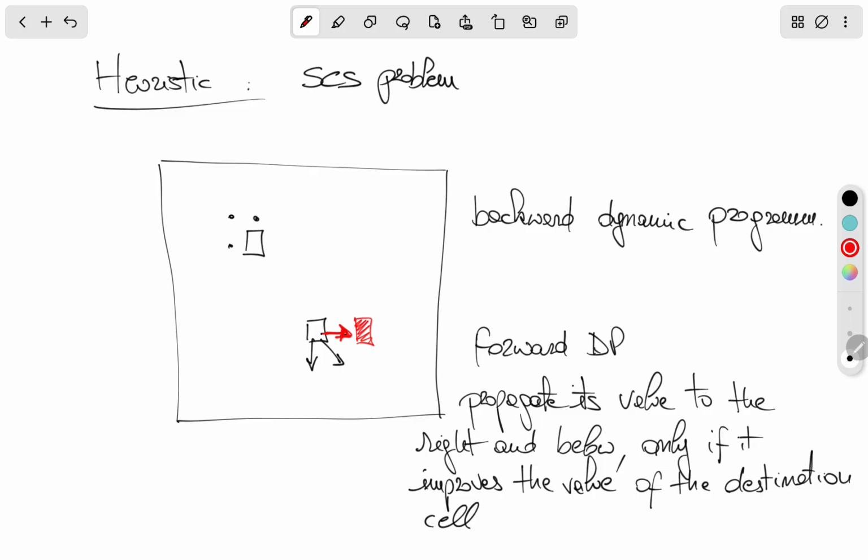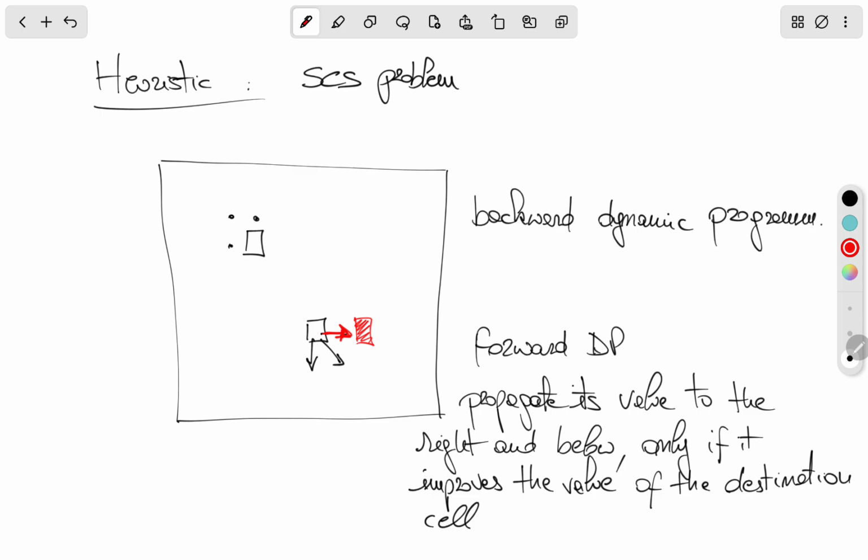I can reframe that with a directed graph where the arrows are exactly the ones that I have represented, and the weight of each arrow is the contribution of that arrow.